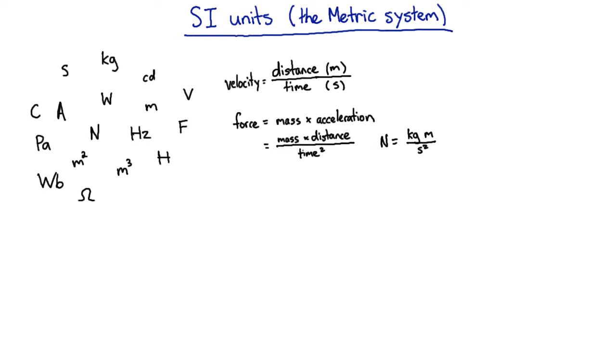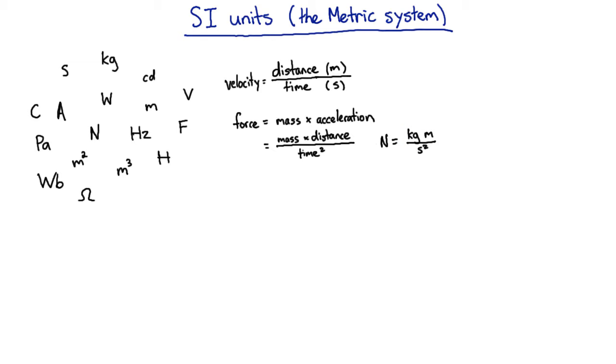So if I know that a force is a mass times an acceleration, then I can figure out that the unit for force must be a kilogram meter per second squared. And I don't necessarily even have to know that that's called a newton. So you don't necessarily need the SI name, although it'll often have a name. All you really need to know is how it's built up of these other more fundamental things.